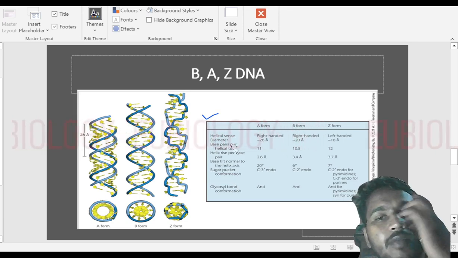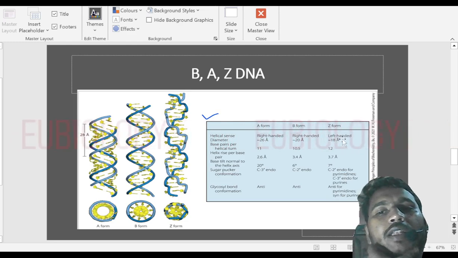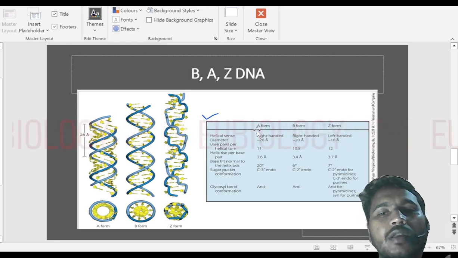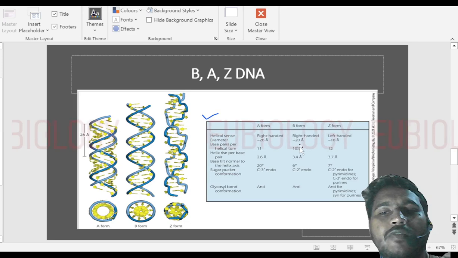The diameter will be around 26, 20, and 18 angstrom in A, B, and Z respectively. A helical turn will contain 11 base pairs in A, 10.5 in the B form, and 12 in the Z form.